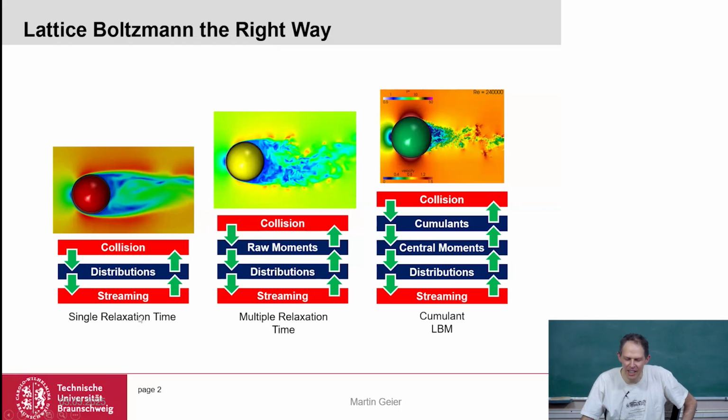Single relaxation time, I said, is the BGK collision operator, which is very simple. Then there are multiple relaxation time methods, and then there are cumulant methods, which get increasingly more complicated to evaluate, but also become increasingly more high fidelity. This is roughly what kind of flow we can simulate before it crashes with similar resolutions.